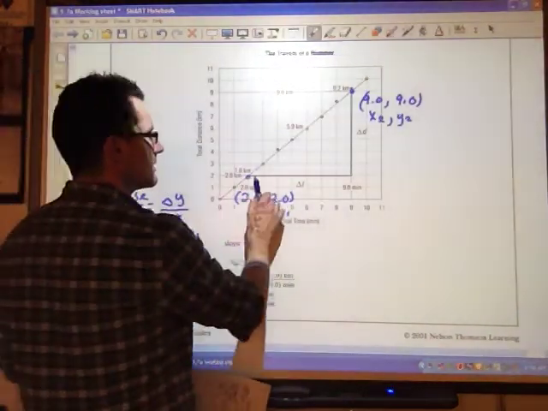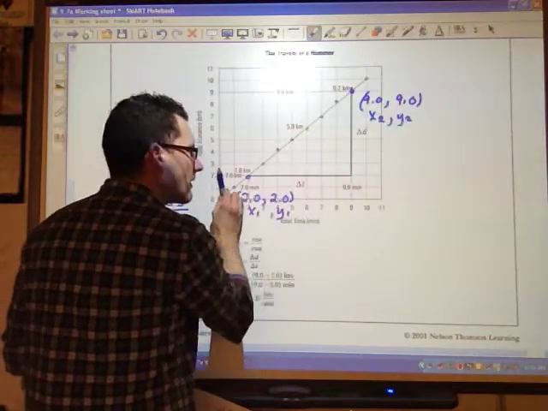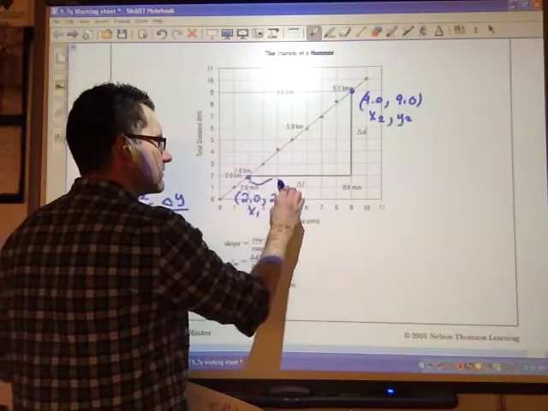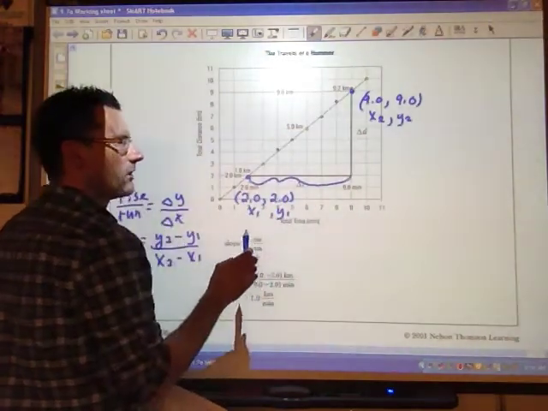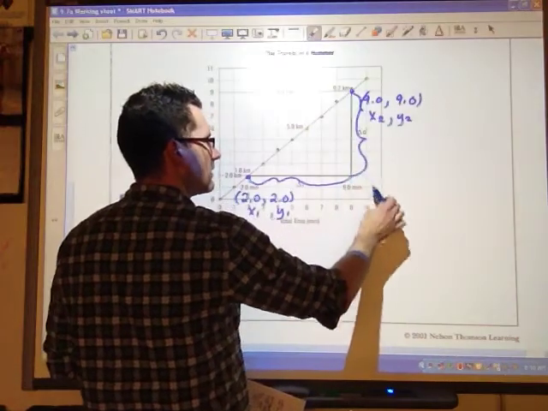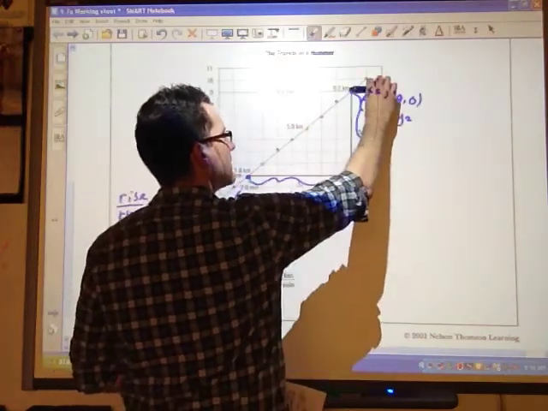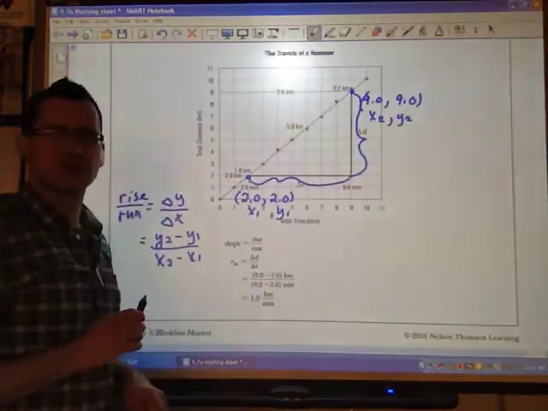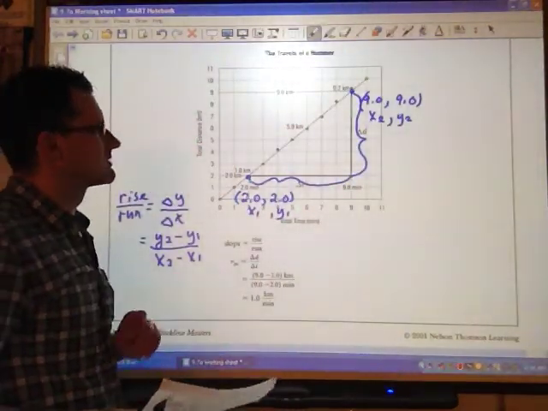Because to figure out this distance, we need to figure out that whole distance, subtract this little amount, and that will give you that. And to figure out this distance here, we have to take the entire 9 minus this little section, and that'll leave us with the section we're looking for. And of course, that's what they do here.